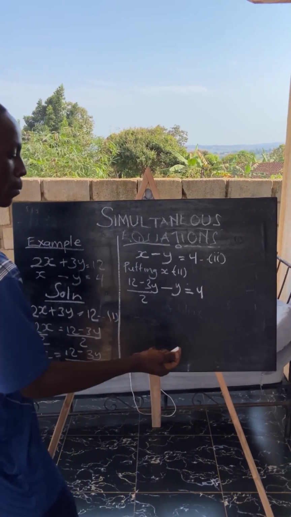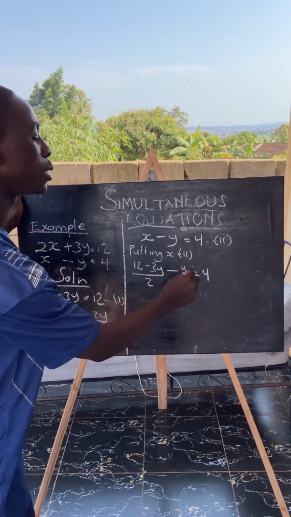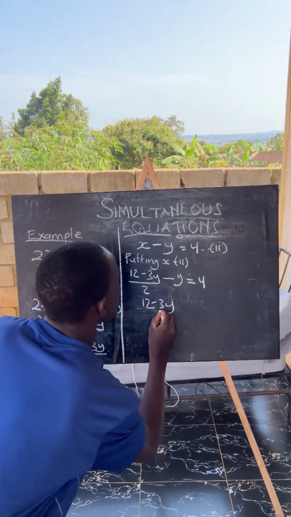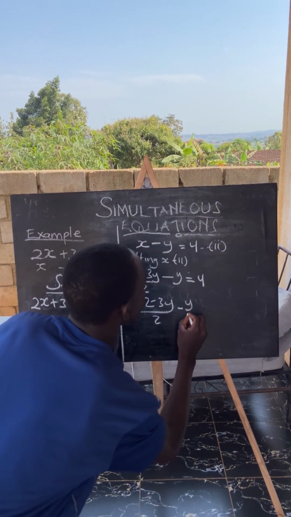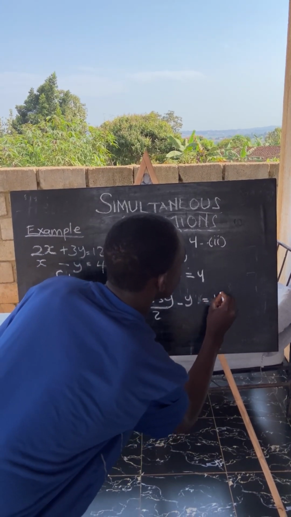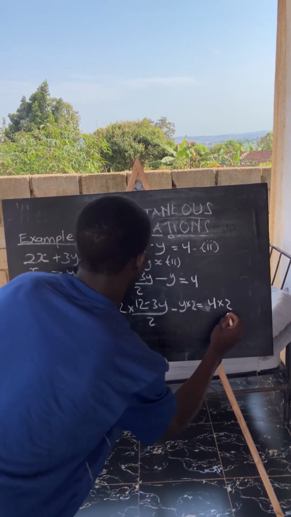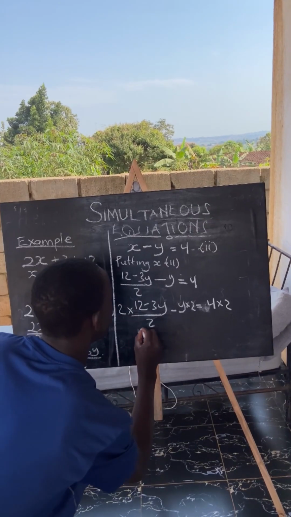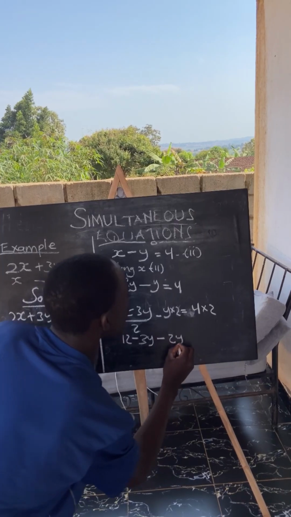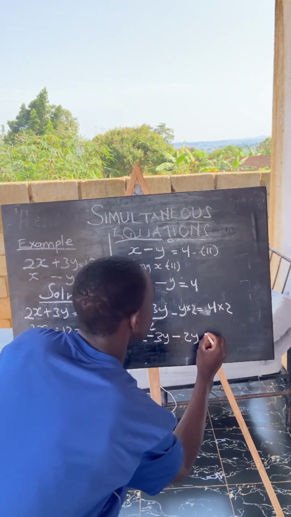So we are going to remove our 2 here by multiplying it everywhere. So we are going to say 12 minus 3y out of 2 minus y equaling to 4. So we are going to multiply a 2 here, a 2 here, and a 2 here. So this will cancel, remain with the 12 minus 3y minus 2y, which was 2 times the negative y to get negative 2y equaling to 8.